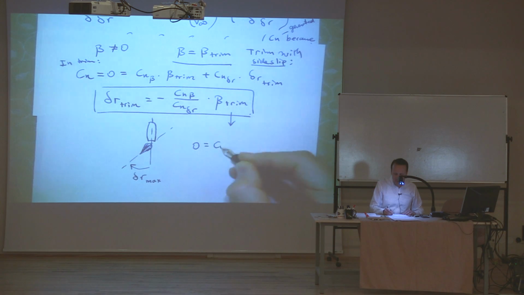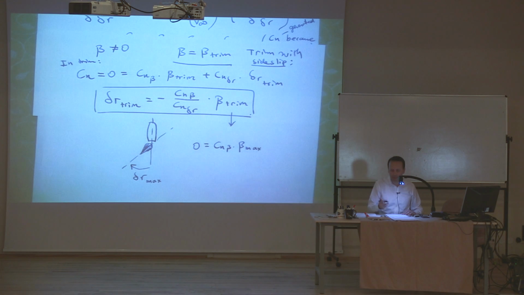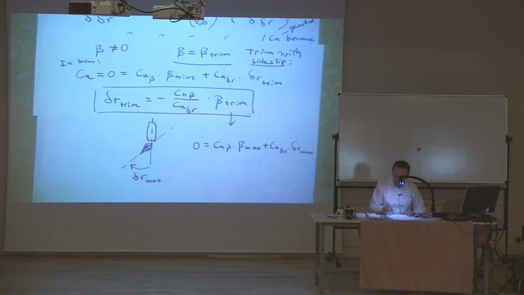So in that case, it would be like this: 0 is equal to Cn beta times beta max, the maximum beta that this can fly, plus Cn del r times del r max. Here you can calculate quite the opposite. You calculate beta max.